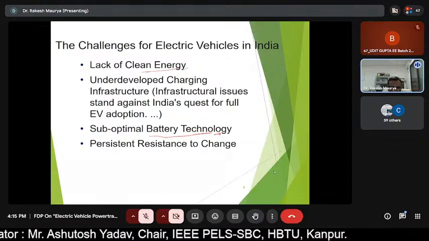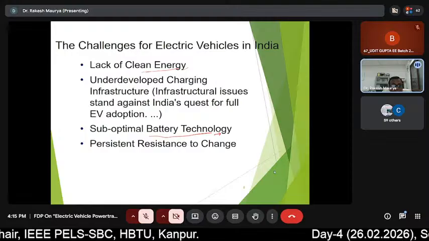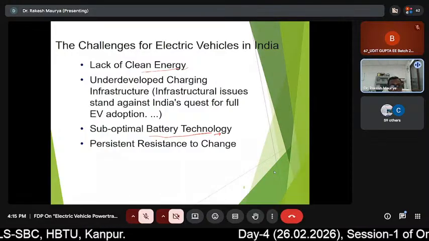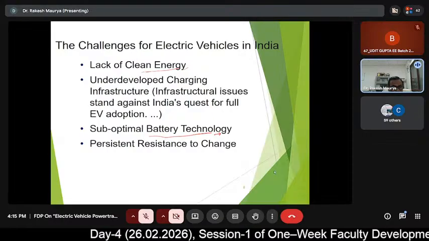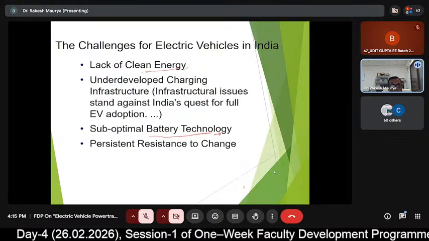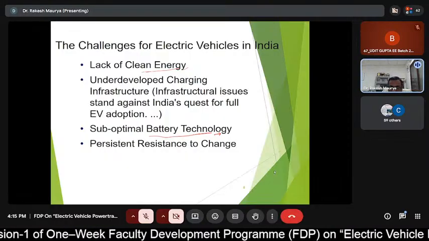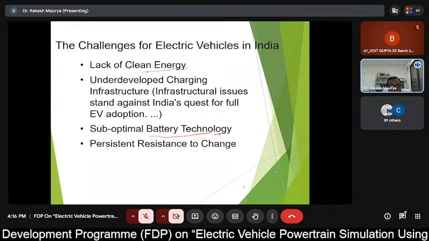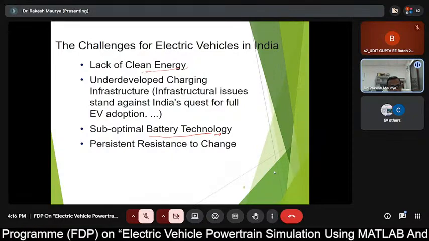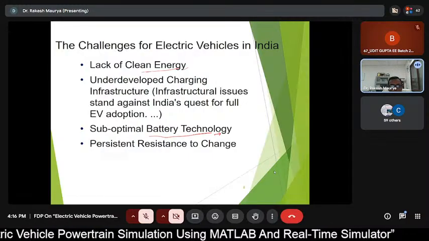Now coming to the challenges of electric vehicles in India. As I said, we still lack clean energy available throughout the places. Most of the energy which we receive near our place is coming from the power grid, and it is mainly contributed by conventional energy sources.